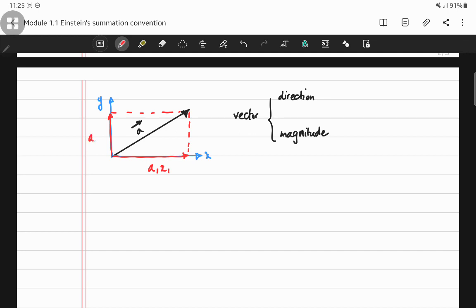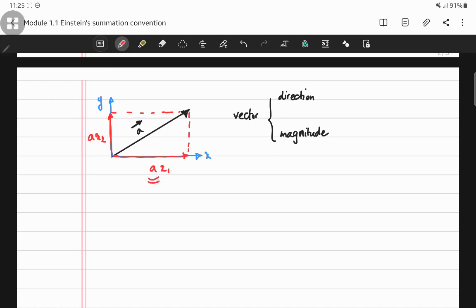And this, sorry, is A x1 and A x2. But you know that we cannot write this as x1 and x2, because these are the unit values.